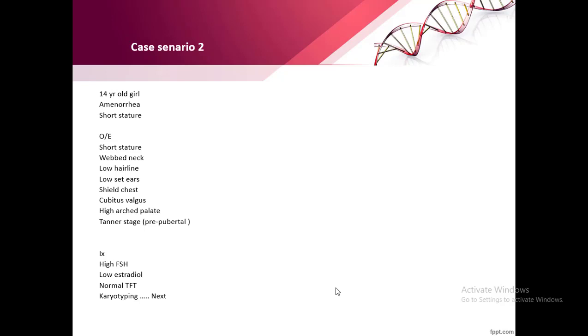On examination, she was found short. She has webbed neck, low hairline, low set ear, shield chest, cubitus valgus, high arched palate. Tanner stage was prepubertal. On investigation, high level of FSH and low estradiol was found with normal thyroid function test.